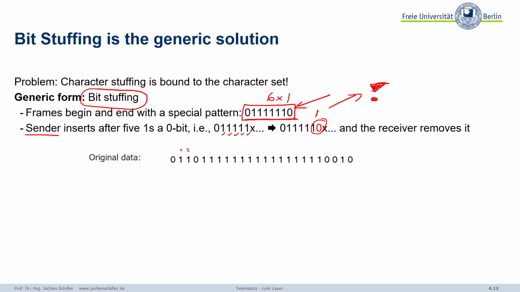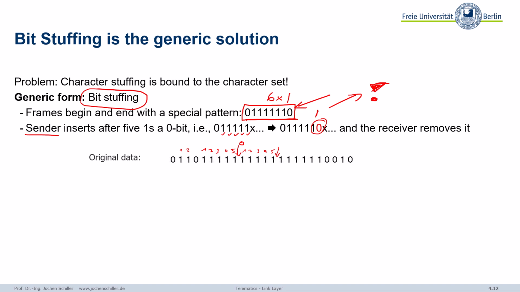So, example, if you have original data, we can now simply count. 1, 2, okay, that's not the situation. 1, 2, 3, 4, 5. Okay, 5. We have to insert a 0 here. 1, 2, 3, 4, 5. Again, 5.